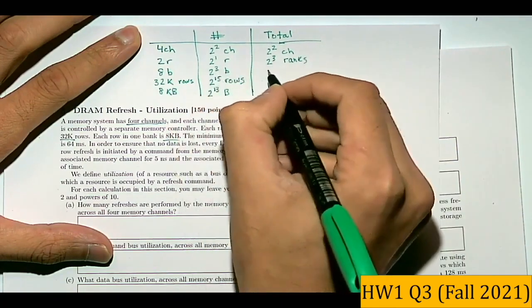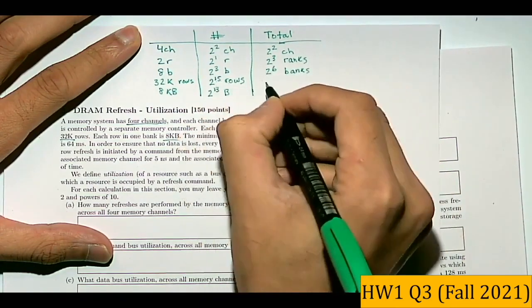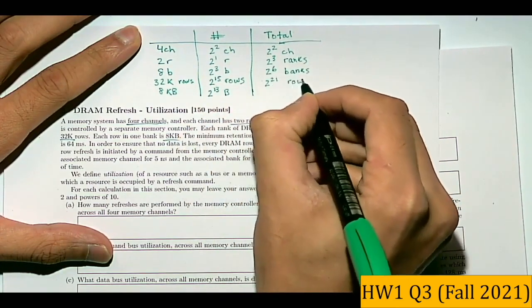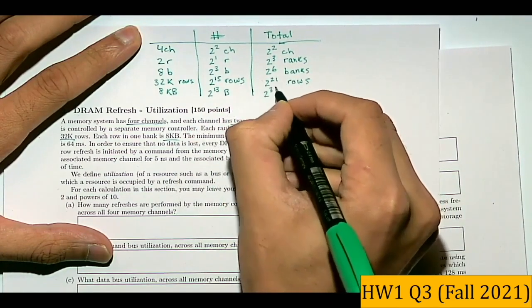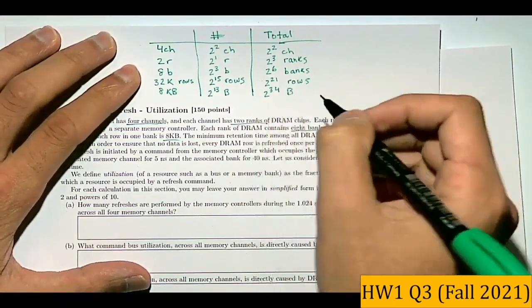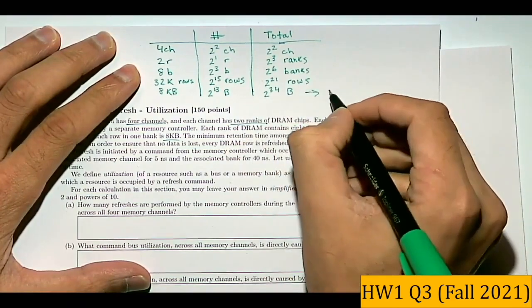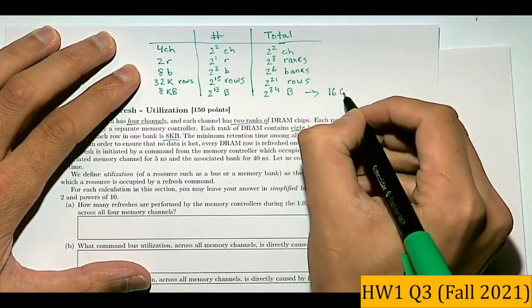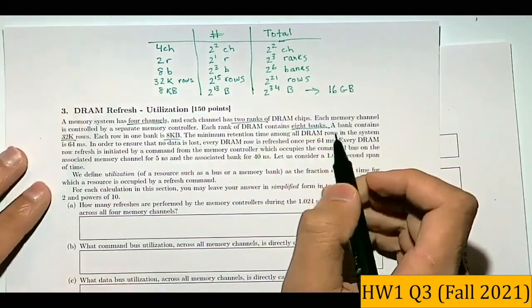And then 3 plus 3, 2 to the 6 banks, and then 6 plus 15, so 2 to the 21 rows, and then 13 plus 21, so that's 2 to the 34 bytes in the entire system. 2 to the 34 is 16 gigabytes. So that's how large our system is, and this is the system we're dealing with.